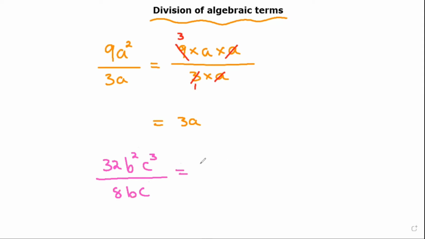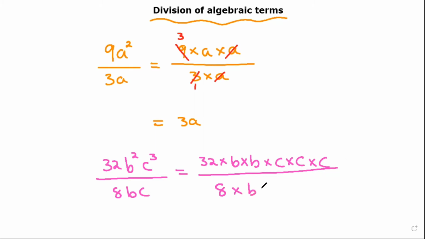At the top here, let's expand. That's 32 times b times b times c times c times c. And at the bottom, we will have basically 8 times b times c.